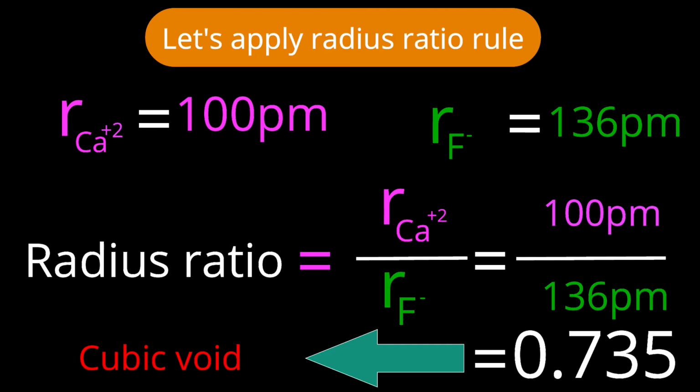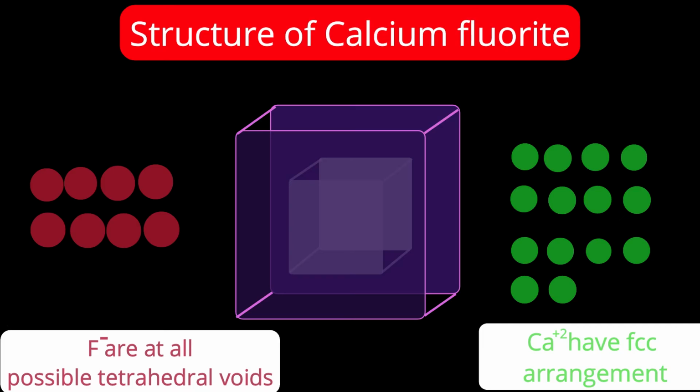Now let us see the actual structure. I want to show the actual structure, but if I put all ions there, the structure will become complicated. So before that, I want to ask you to imagine two cubes, one large cube and the other small cube.